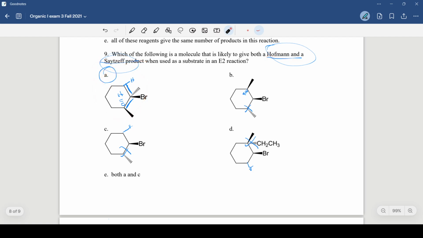The Hofmann one comes off the methyl group that's on the same carbon as the bromine, just to specify. Should be this into this. Because you could technically do one here, but here is more Hofmann because it only has 2 substituents coming off. It has less stuff coming off of it.